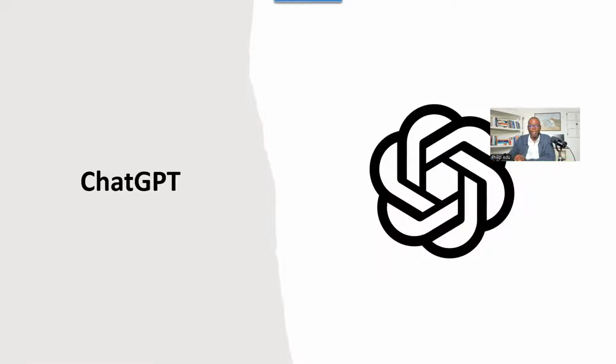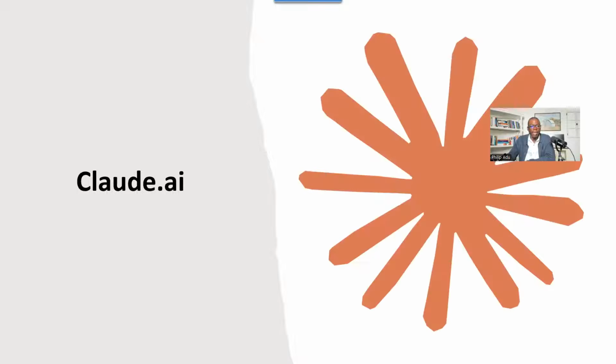If you have data that is about 50 to 53 pages, then ChatGPT can handle that. If it's more than that, you could upload the information and let the system analyze your data in batches, right? If you have about 300 pages, then I'll recommend using Claude AI. It can handle a lot of pages.